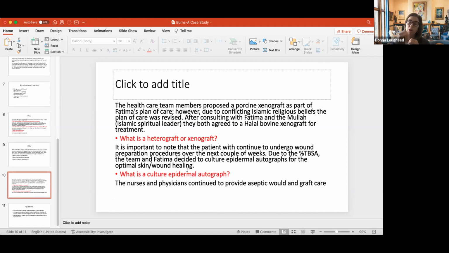When you think of the word culture, they actually take a skin sample from a healthy portion and mince it up, and then they can grow it in sheets. Over, I think, 3 to 5 days or several weeks, you can grow enough skin to cover an entire human body.